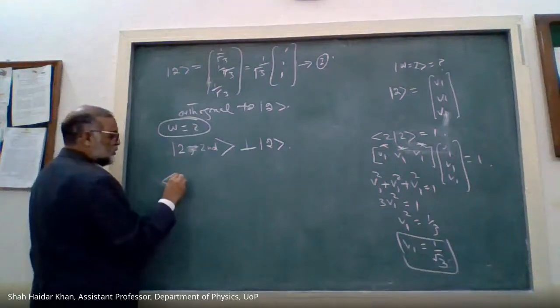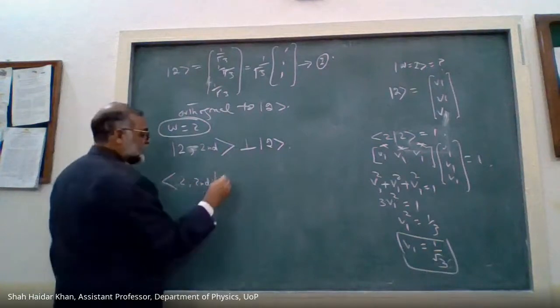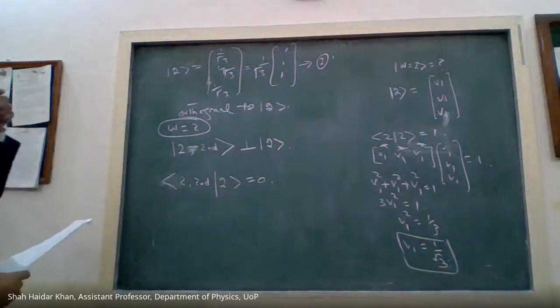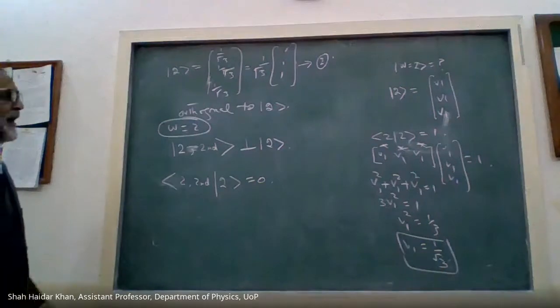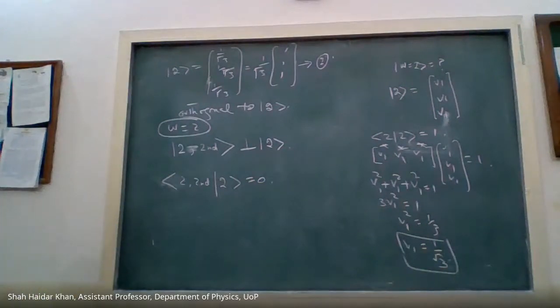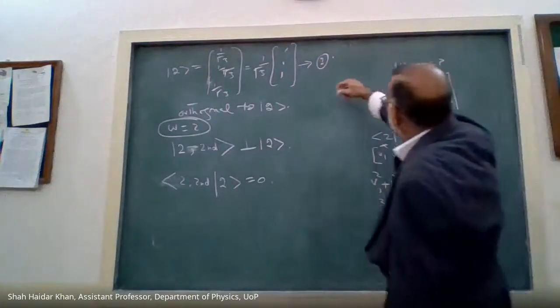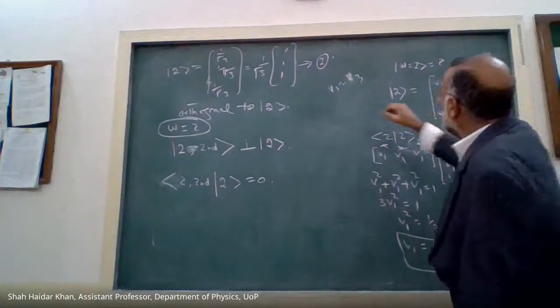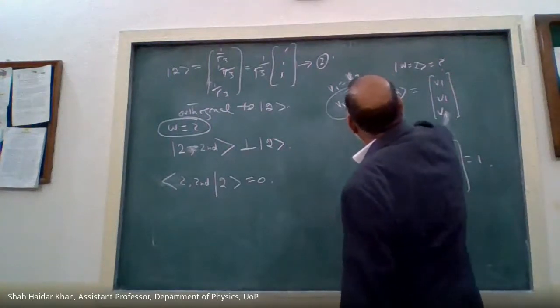So the second should be perpendicular to this. It will be equal to 0. We had V1 equal to V3 in the first case, and the second was V1 equal to V2. So we take this as a choice.